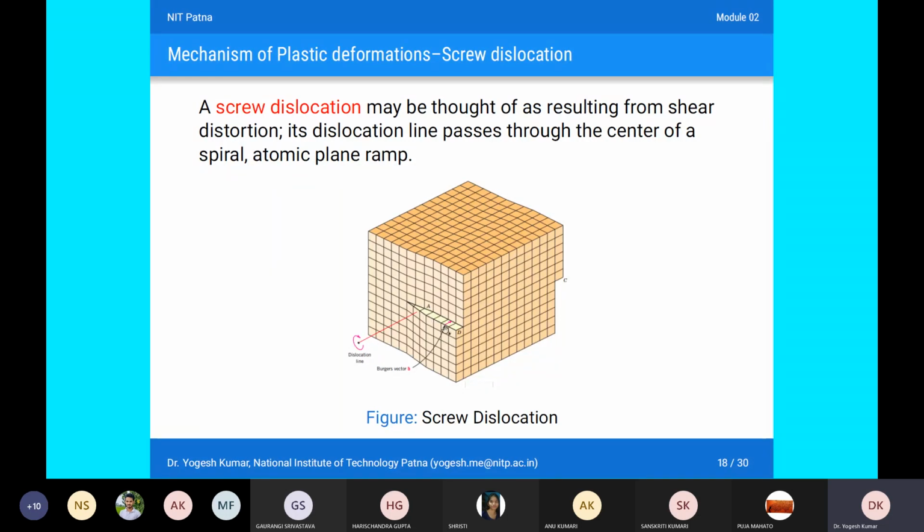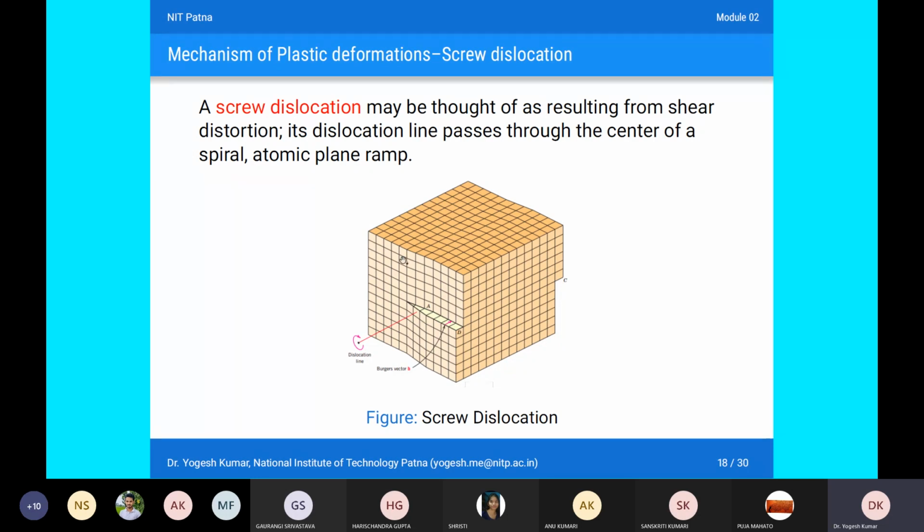Okay, so here you can see your number of atoms or planes are fine. Here you can see there is some kind of edge that has been dislocated by twisting or by the application of shear stress.